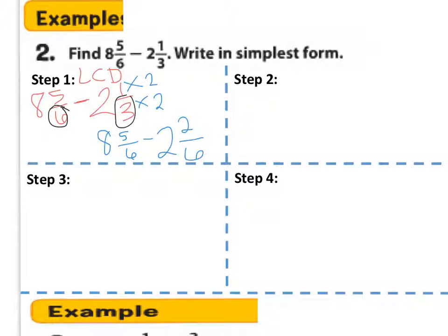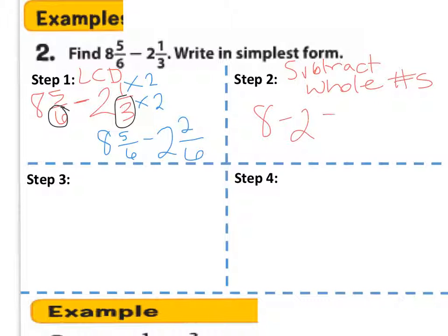In step number 2, I'm going to subtract the whole numbers because now I have a common denominator. I take 8 minus 2, and I have 6. In step number 3, this is where I'm going to subtract the fractions, again because I have a common denominator.